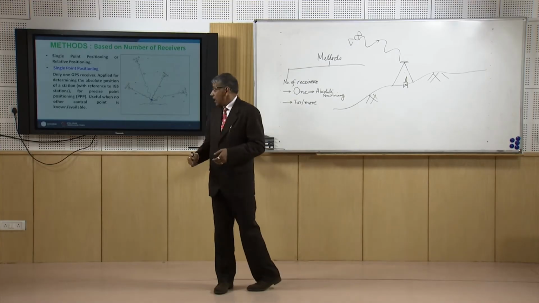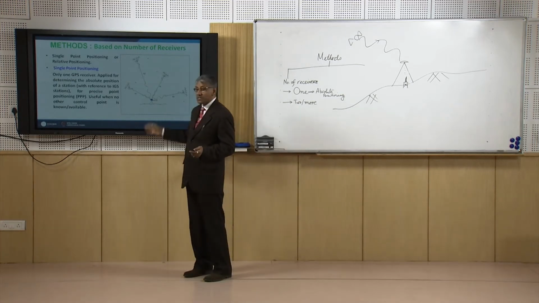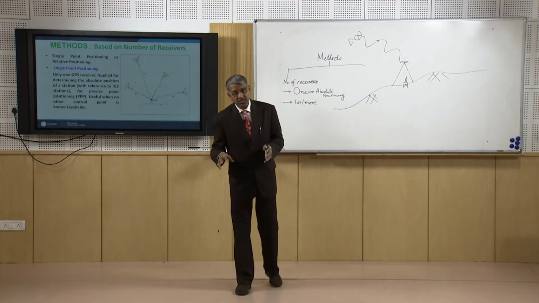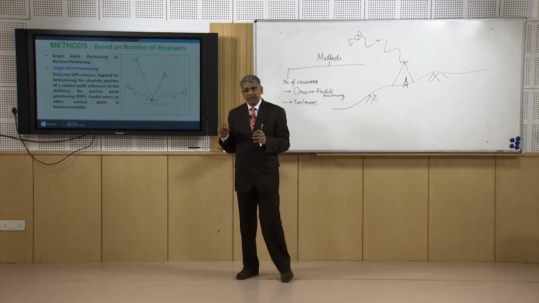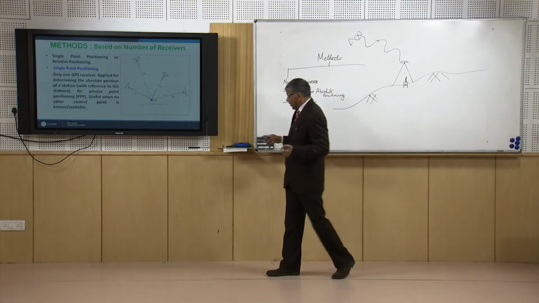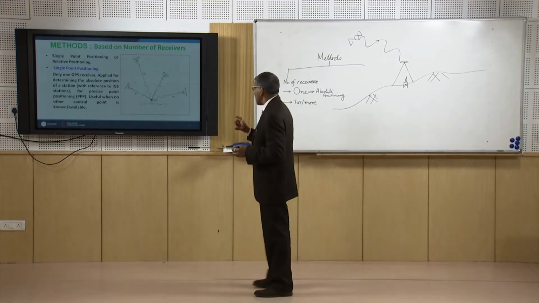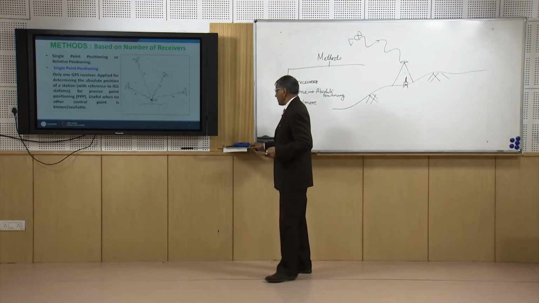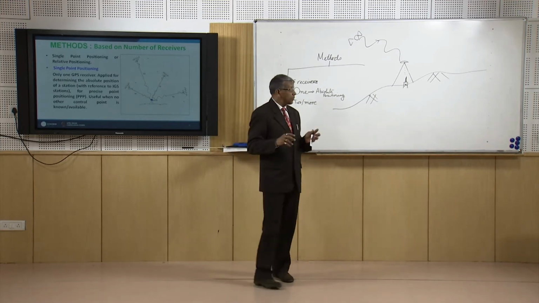Or sometimes we use absolute positioning when we would like to process the data of some particular station with respect to IGS stations, which are spread all over the world and are collecting data continuously. So, in absolute positioning only one receiver is used and we collect the data. Generally it is not a preferred method, but whenever circumstances compel us we can go for the absolute positioning method.